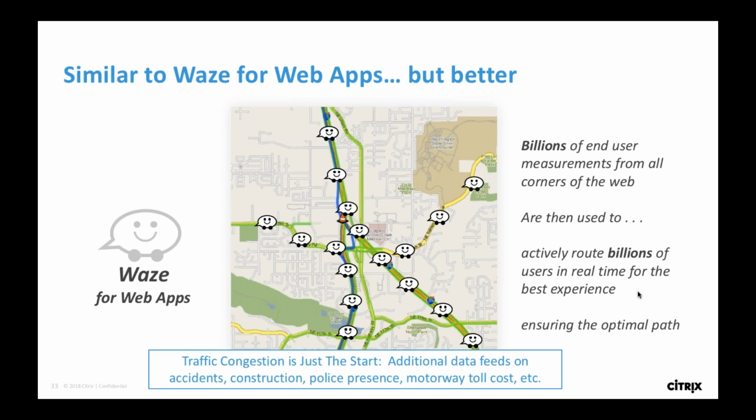In the Waze analogy, it would be as if we were also taking into account accidents on the road, the fact that there is a police car and so there will be some slowness at some point. We could also take the cost of reaching these different routes and many other criteria that we can program to switch the traffic intelligently between the different endpoints.